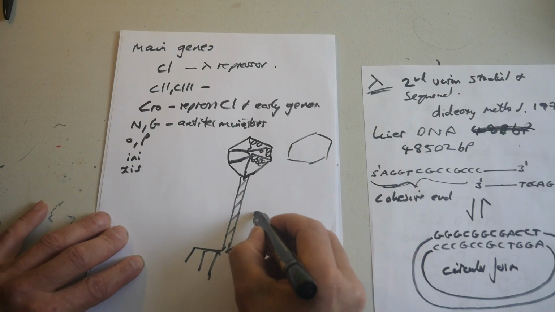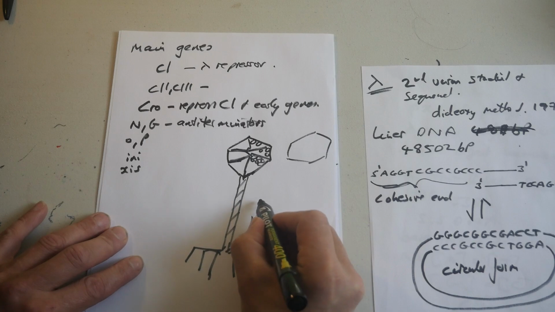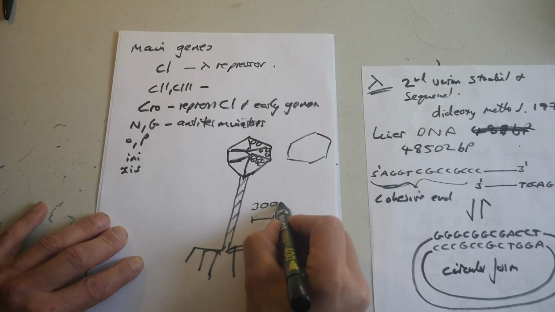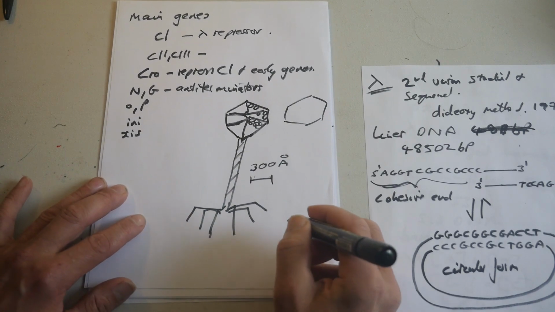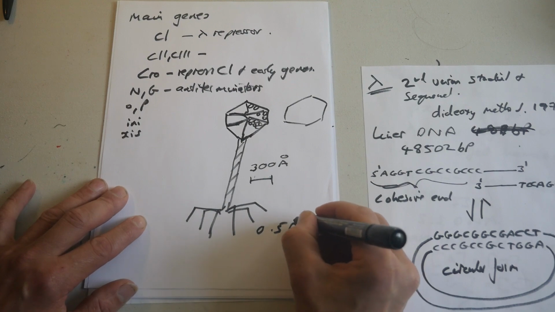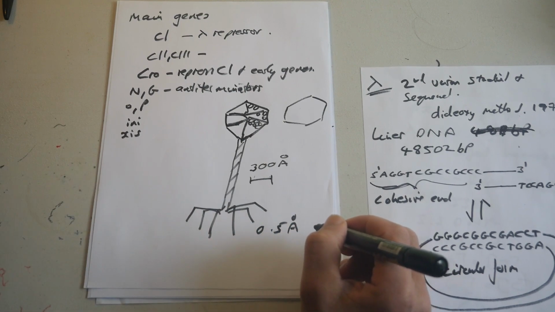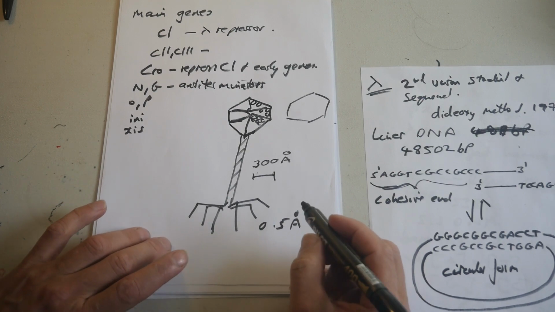And just to give you an idea of dimensions, that is approximately 300 Angstroms, okay? 0.5 Angstroms, as in one of my early videos, is, I think, the radius of a hydrogen atom.